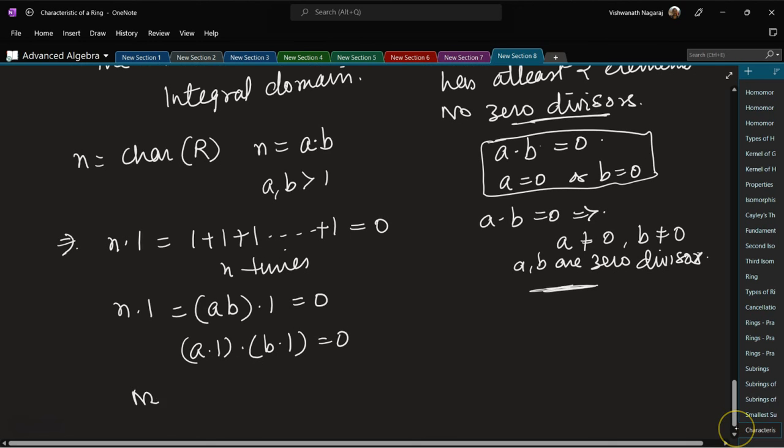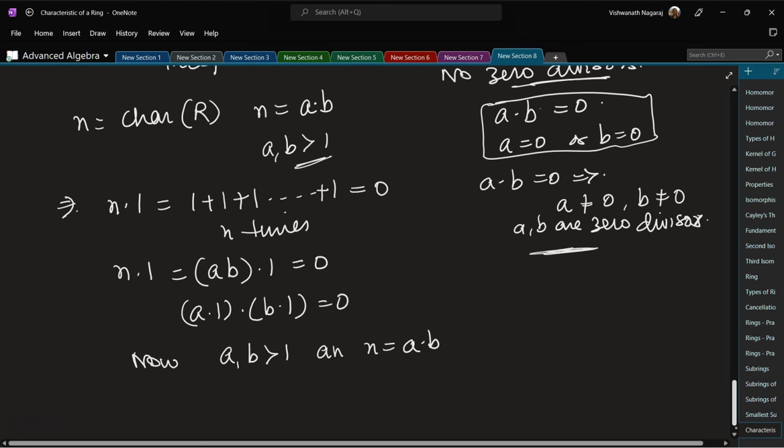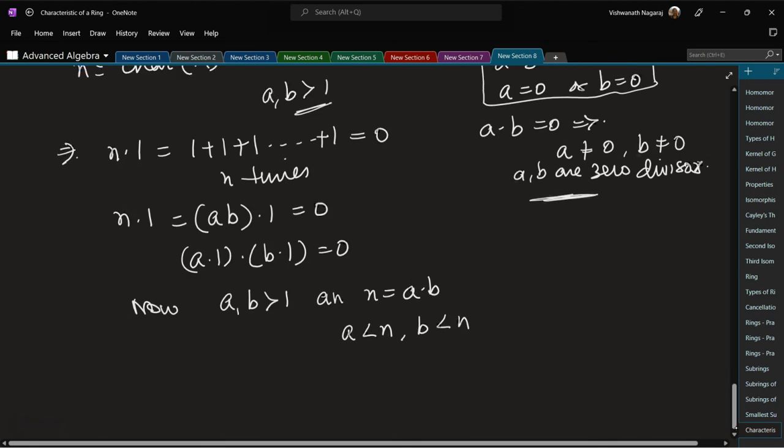Now, we know A and B are both greater than 1, and we know n is a product of two numbers. Now, if it is a product of two numbers, A is going to be less than n and B is going to be less than n, because n is the product of these two numbers.